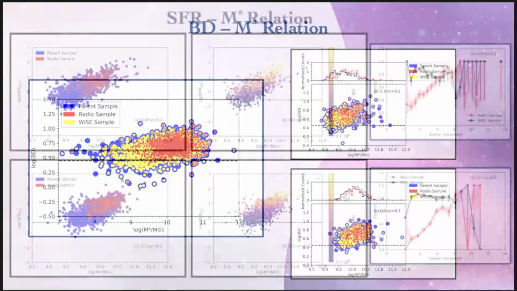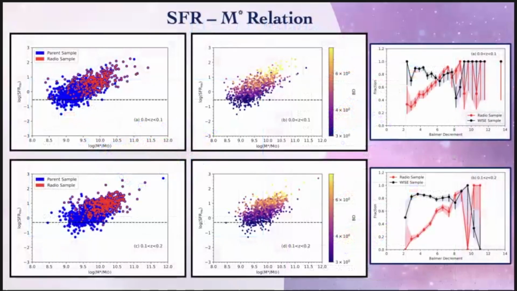We have also used the galaxy main sequence, or star formation rate-stellar mass relation, to explore the effect of our radio sensitivity limit. So over here, I plotted star formation rate as a function of stellar mass.